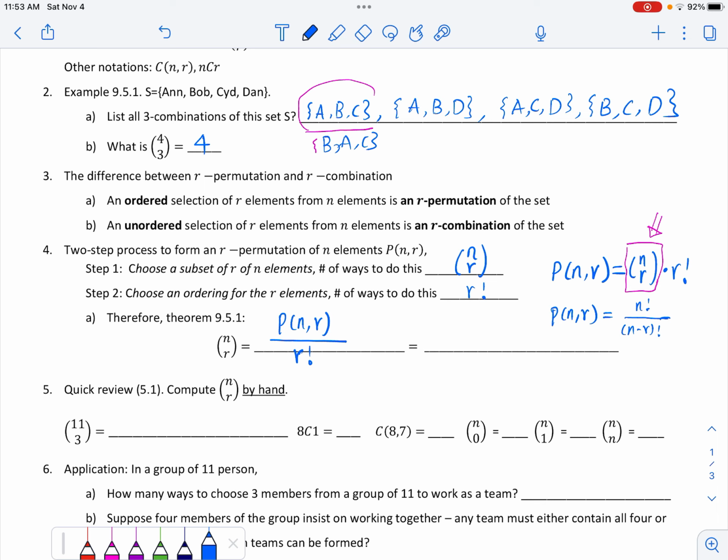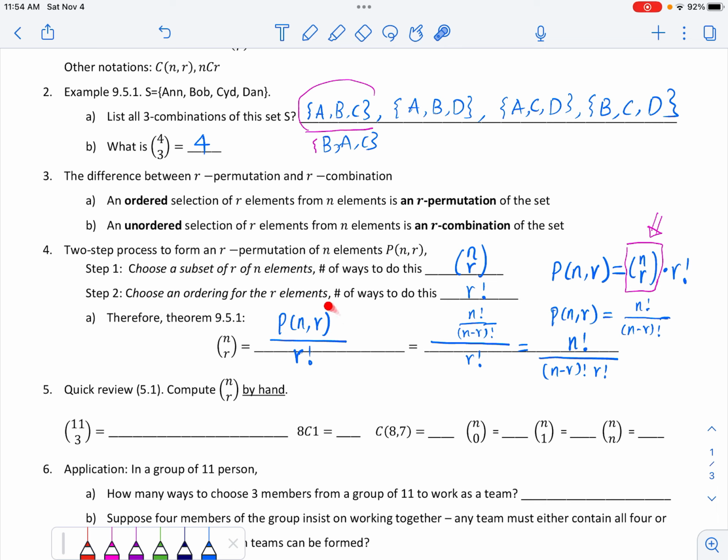So when you plug this in here, you get n factorial divided by n minus r factorial, and divided by r factorial. So if you simplify it, you get n factorial on top, and n minus r factorial and r factorial on the bottom.